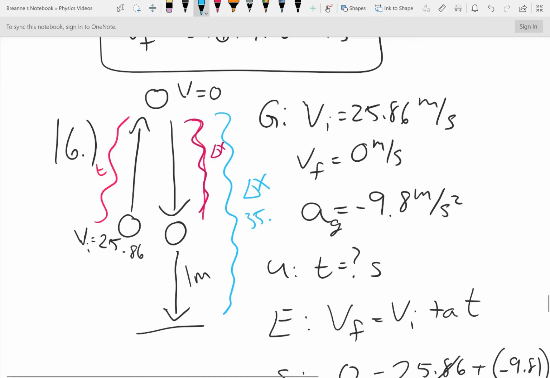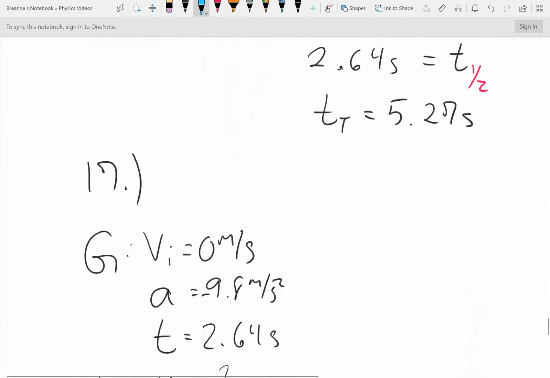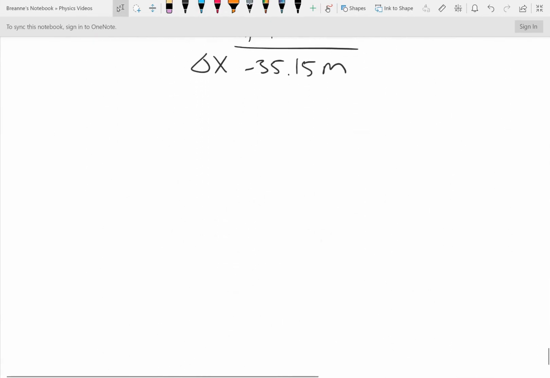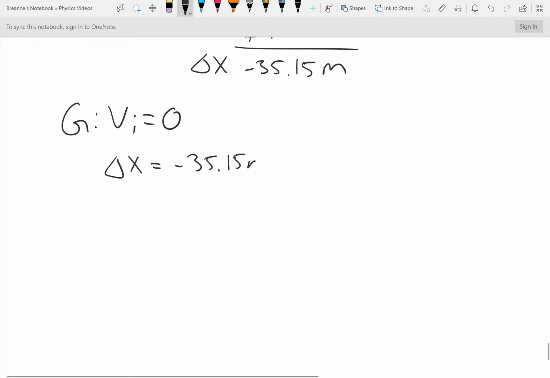From there, we can find the time of the whole entire displacement. Our givens: our initial velocity is still 0, because it's still 0 at the top. Our displacement is negative 35.15 meters. Remember, it's negative because it's going down.